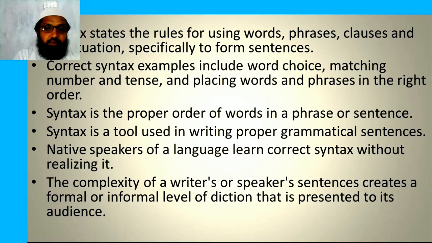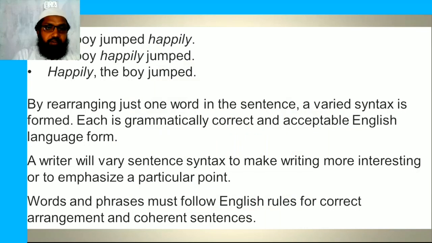The complexity of a writer's or speaker's sentences creates a formal or informal level of diction that is presented to its audience. Example: The boy jumped happily. The boy happily jumped. Happily, the boy jumped.